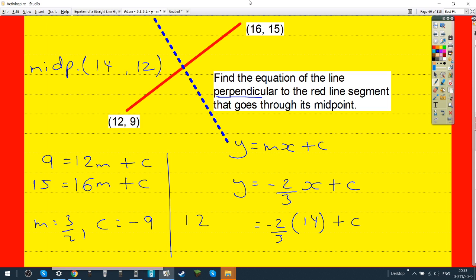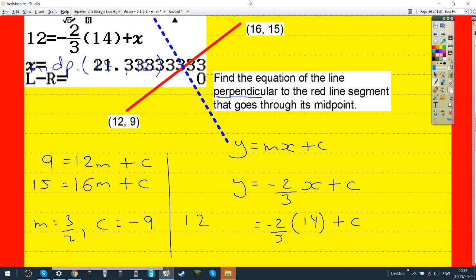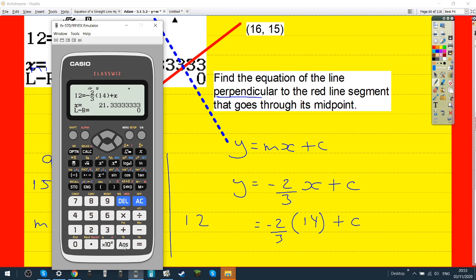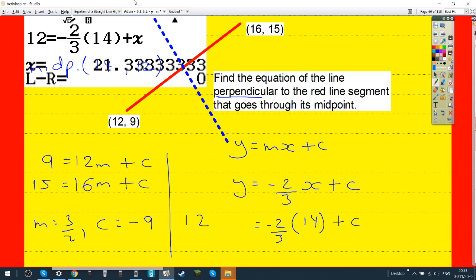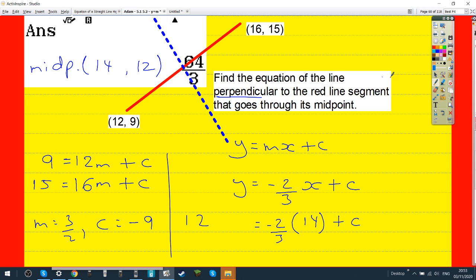And so the answer is y equals minus 2 over 3x plus 64 over 3.